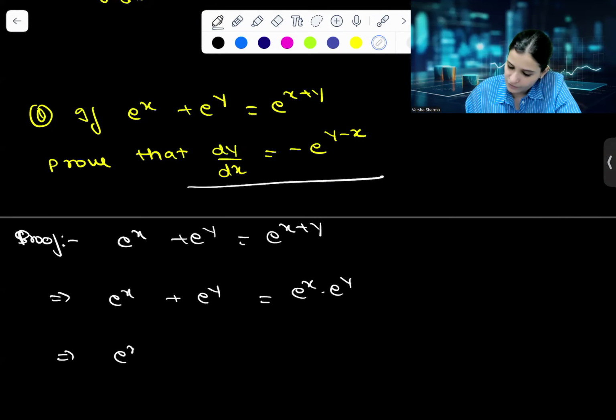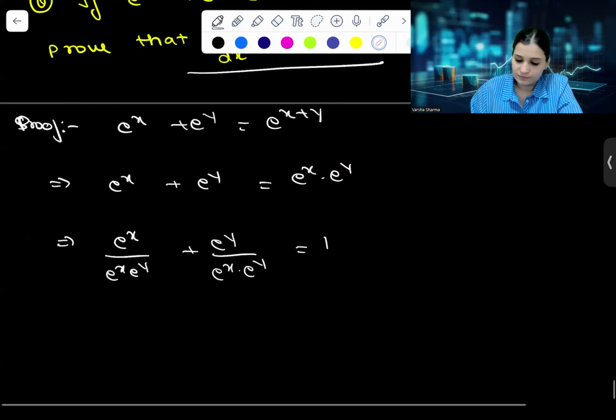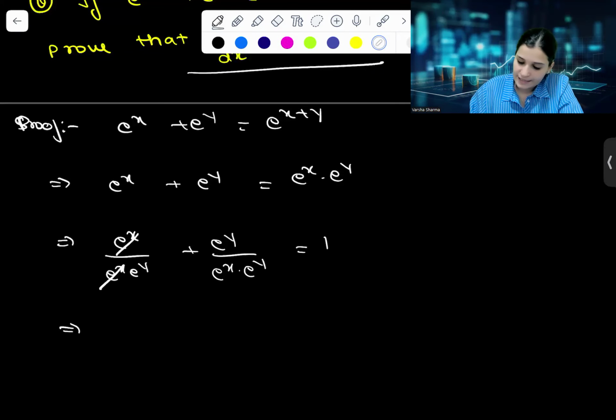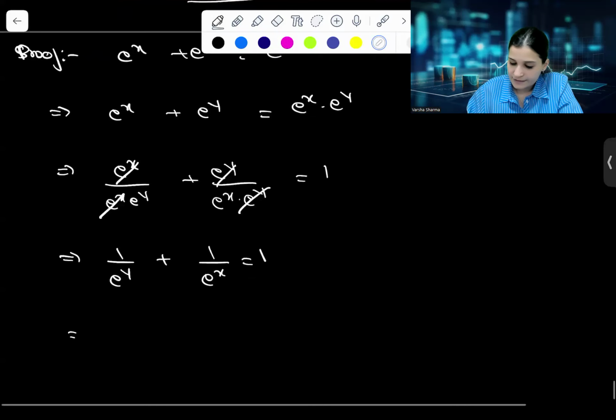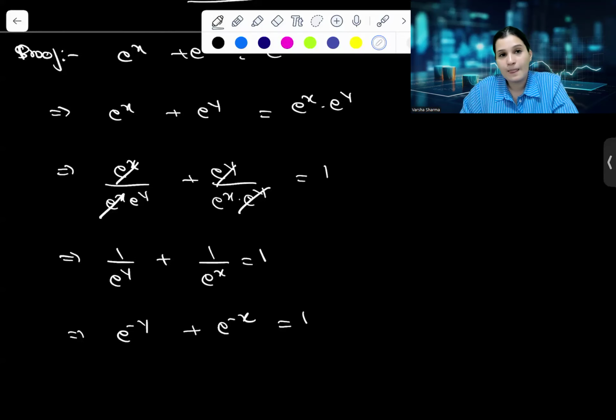Now I'm dividing both the terms by this. Any problem with this line? No, ma'am. So e^x gone, 1 by e^y. e^y gone, 1 by e^x. So I can treat this as e power minus y plus e power minus x equal 1.